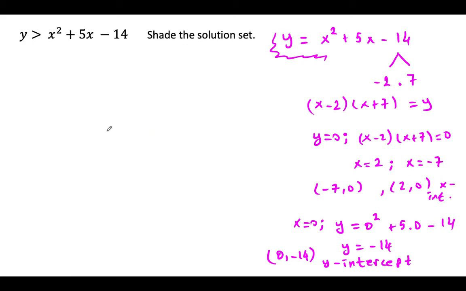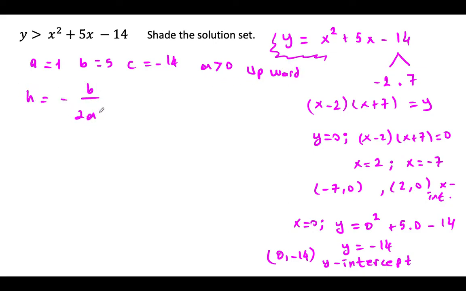Now, what about the vertex? To find the vertex, you know a is 1, b is 5, and c is negative 14. First of all, a is greater than 0, so our graph will be upward. Then to find h, negative b over 2a, so negative 5 over 2 times 1, which is negative 5 over 2.